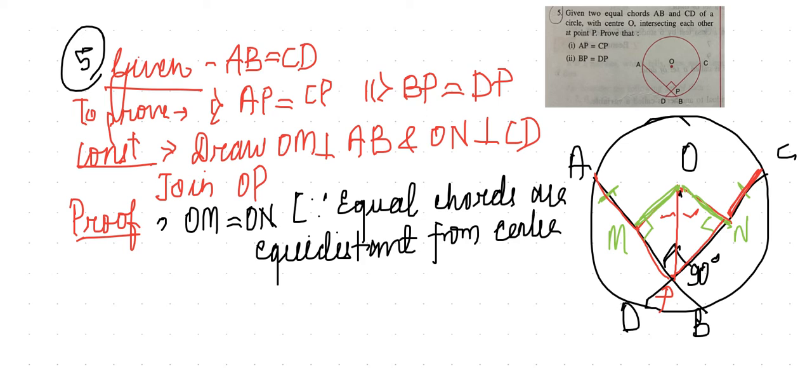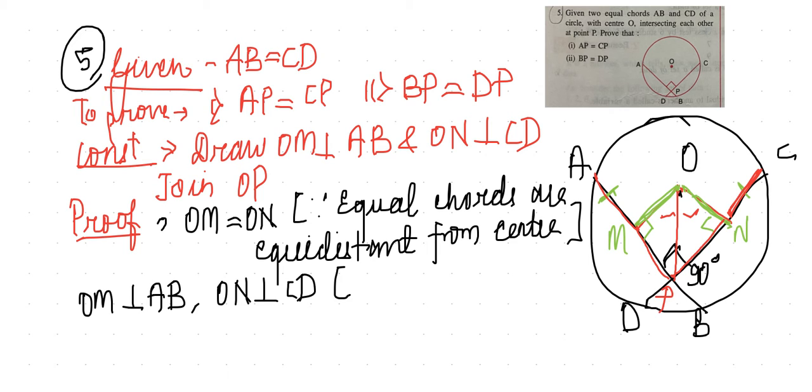Okay, and where did equal chords come from, children? We already know that AB is equal to CD. So you are getting OM is equal to ON. Okay, so now what you will be writing? You will be writing that OM is perpendicular to AB and further ON is perpendicular to CD. Okay, and how is this? By construction.